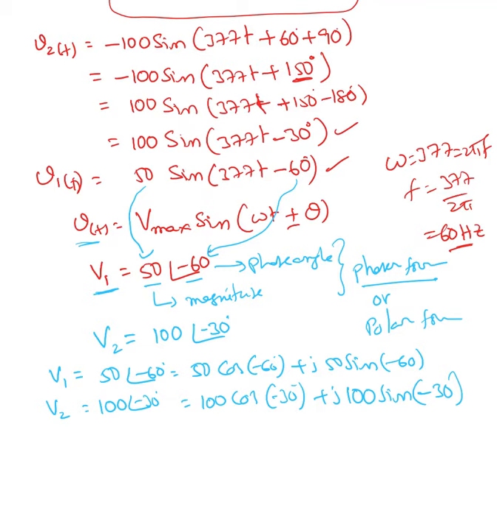Cos negative 60 is going to be a positive number. Cos 60 is half, so it is 25 minus j, since sine of minus theta is minus sine theta, so we end up with a minus term, minus j 43.3. This is v1. Same way, v2 equal to, if we convert 100 at an angle of minus 30, we'll end up with 86.6 minus j 50.